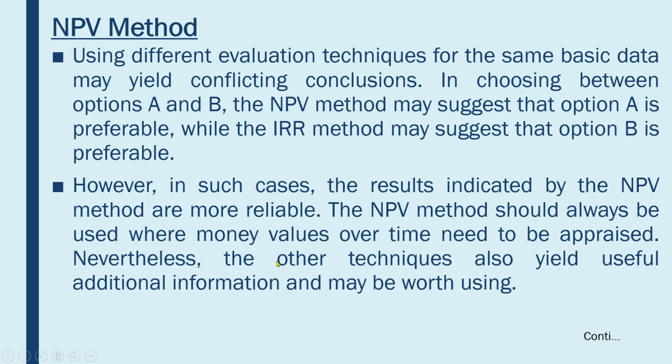The NPV method should always be used where money values over time need to be appraised. Nevertheless, the other techniques also yield useful additional information and may be worth using. So you cannot ignore it: in totality, the NPV, IRR, and BC ratio must be seen together and not individually. That is what this presentation is trying to explain.